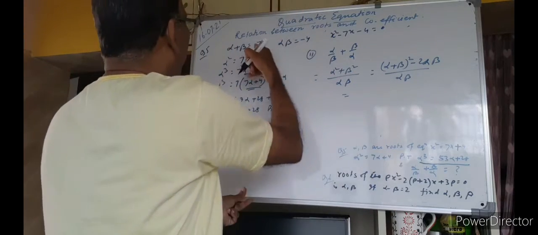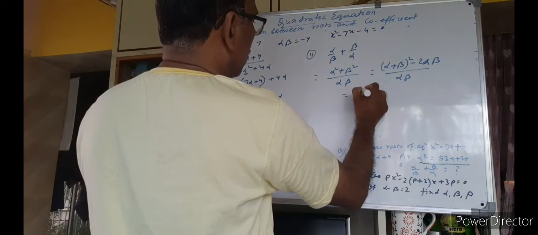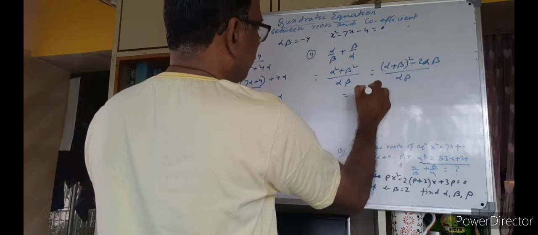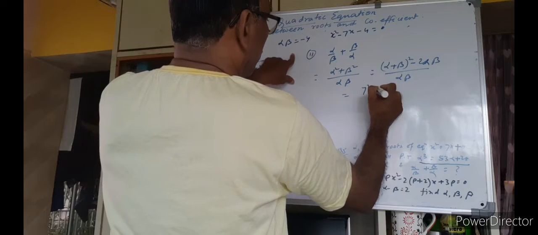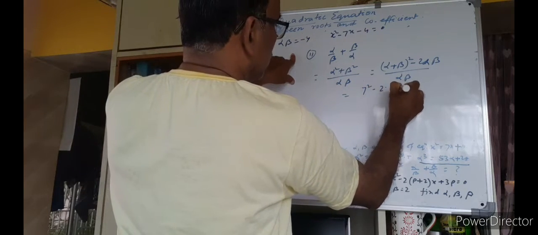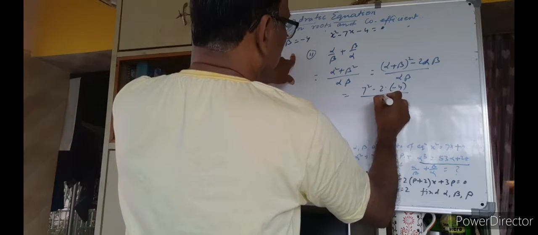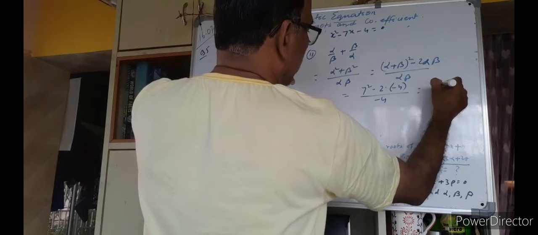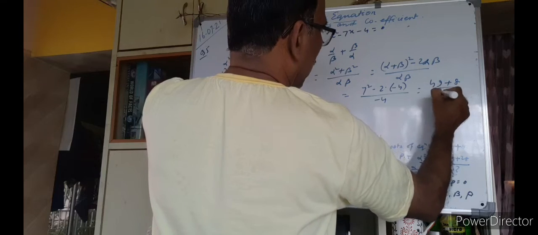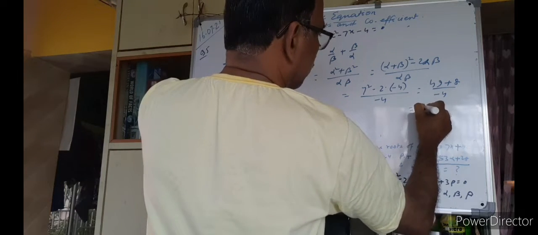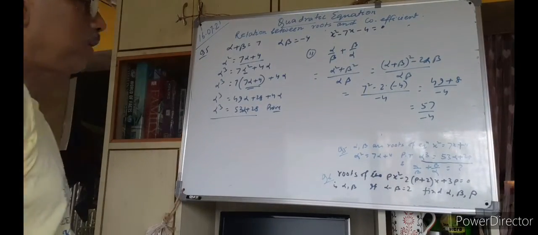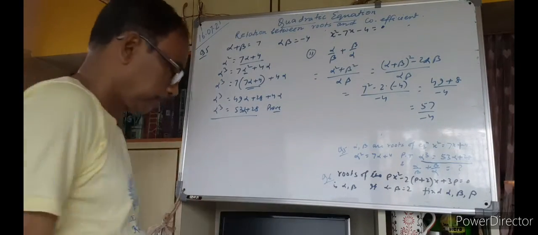Now alpha plus beta value is 7 square minus 2 into minus 4, by alpha beta value minus 4, that is 49 plus 8 by minus 4, that is 57 by minus 4. That is the value of the given.